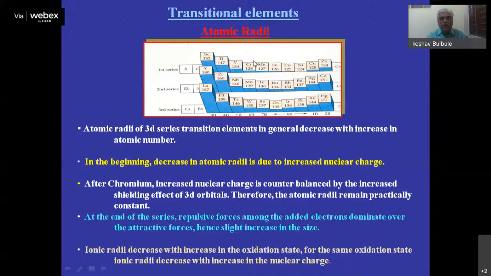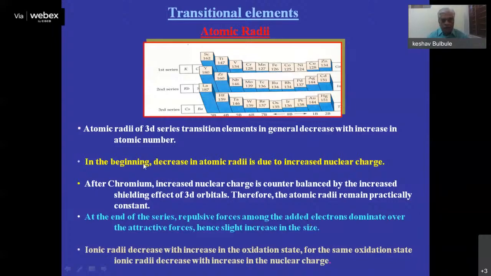That means we are able to see all the three trends, right? Initially, first decrease in the size, in the middle, practically remaining constant, and almost in the end, there is increase. The reason for first decrease, then remaining constant, and then again sharp increase towards the end of the series are attributed to all these factors such as atomic radii of 3d series transition elements in general decrease with increasing atomic number.